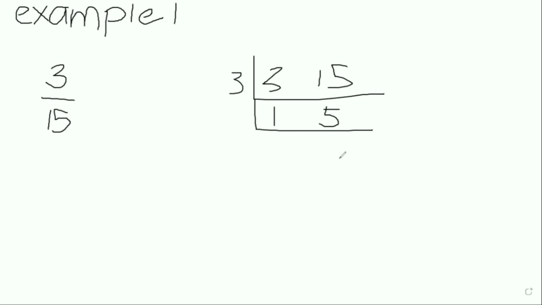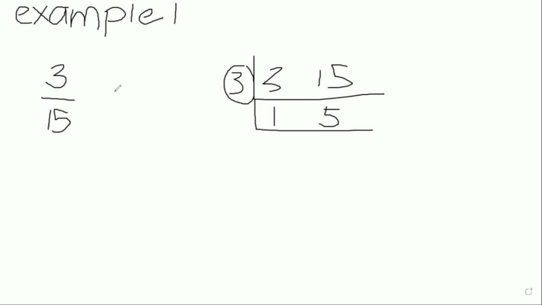Do 1 and 5 still have a common factor? If the answer is yes, we have to look for the common factor of it and then divide it to both. If the answer is no, therefore our GCF is 3. In this case, there is no other factor of 1 and 5 beside 1. Therefore, the GCF of 3 and 15 is 3.